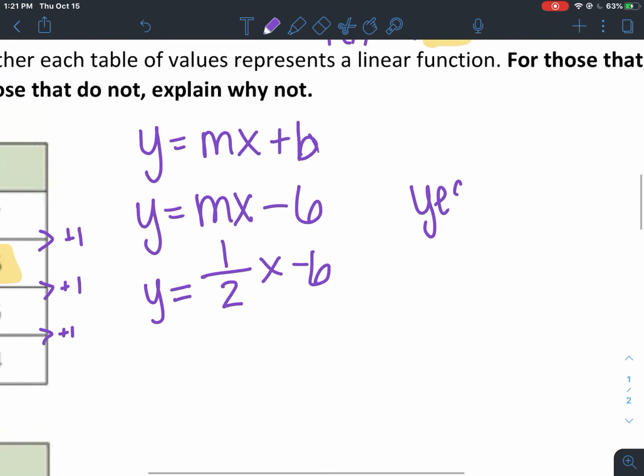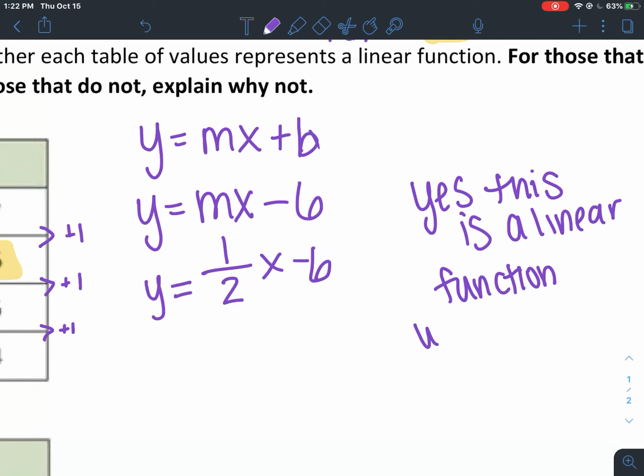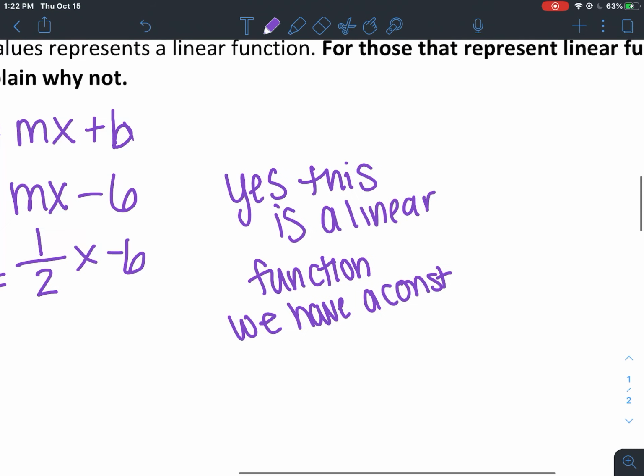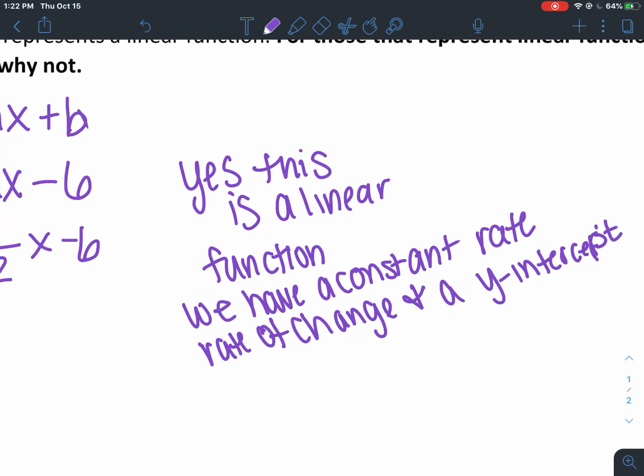So just to be thorough, yes, this is a linear function because we have a constant rate of change or slope and a y-intercept.